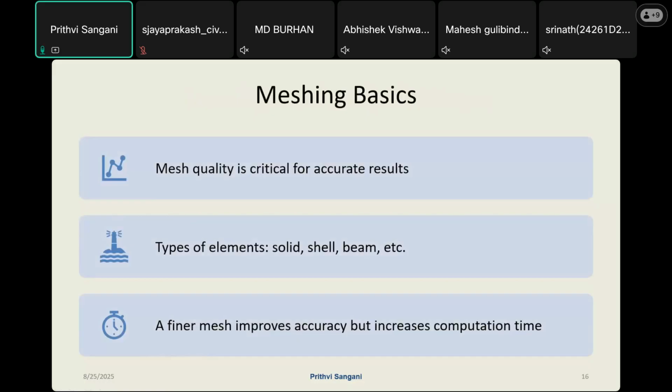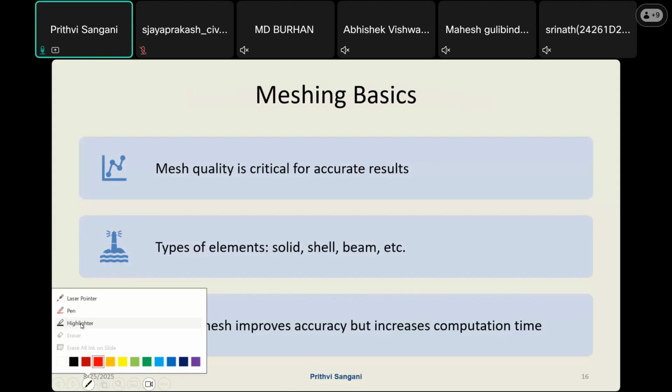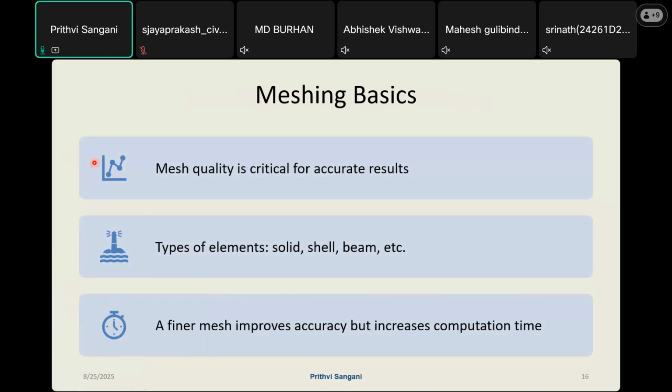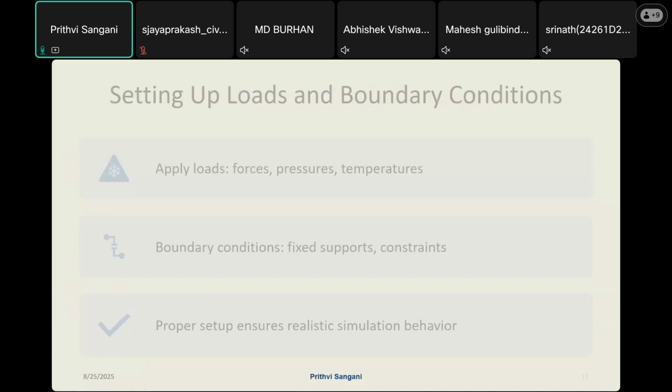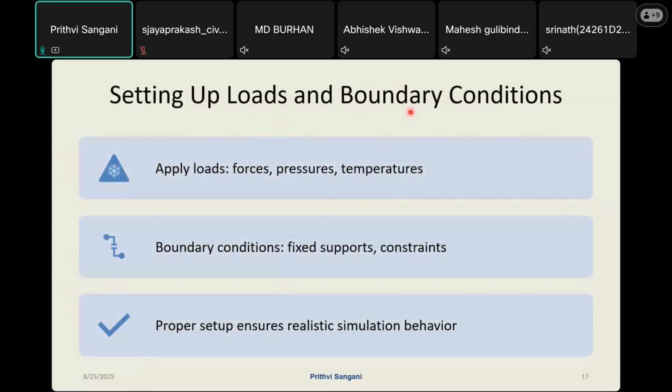And we have different elements, I think you have studied solid elements, shell elements, 1D elements and beam elements, etc. So we'll use an appropriate element type there. And finer mesh improves accuracy but increases computation. Even this we can compare in our next class. Why mesh quality is critical and also finer mesh, right? And like I mentioned, boundary conditions, you will apply different forces, fixed conditions, and these things, which ensure realistic simulations.